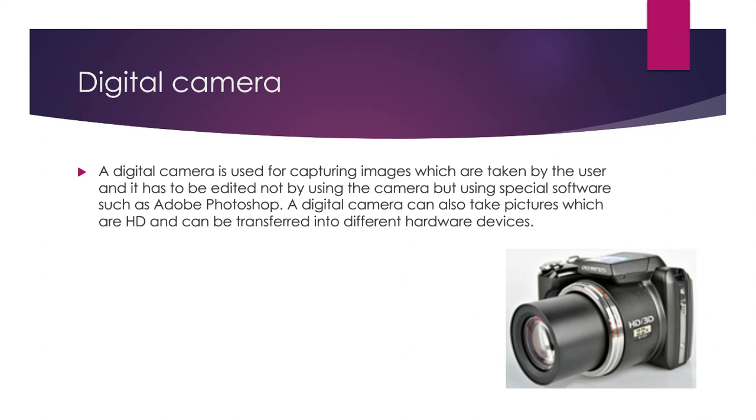So a digital camera can also take pictures, as I said, that are HD, but there's 4K now. 4K cameras can be very expensive and pricey. HD is very expensive as well, but it's not as expensive as 4K.